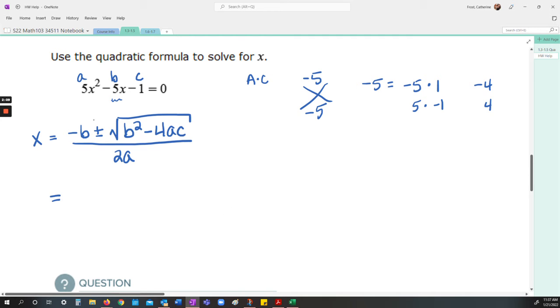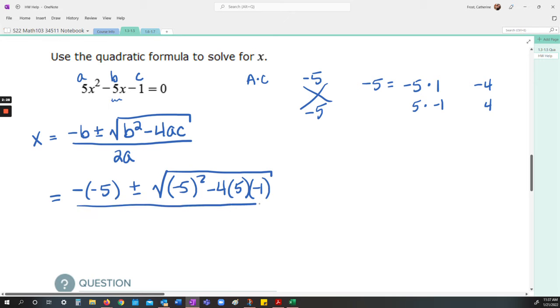All right, so b is negative 5, so we're going to have negative 5 plus or minus square root, and then negative 5 in parentheses squared, minus 4 times a is positive 5, and c is negative 1, all over 2 times, again, a is positive 5.